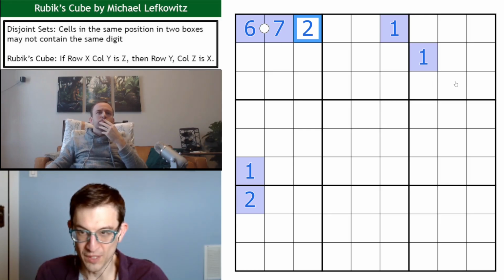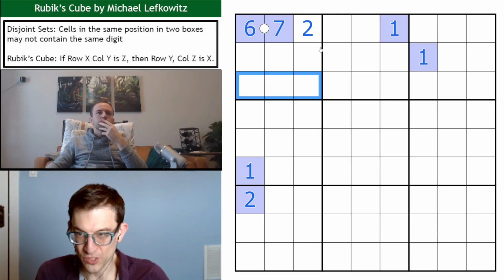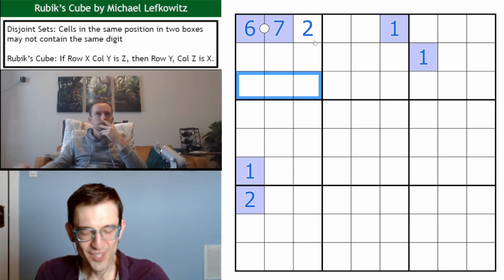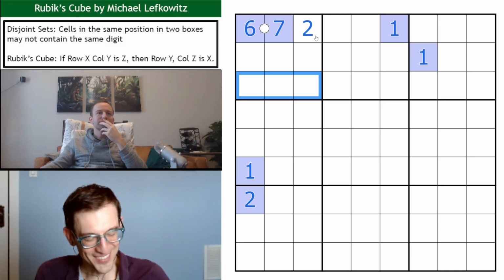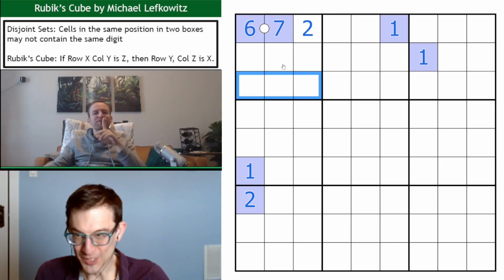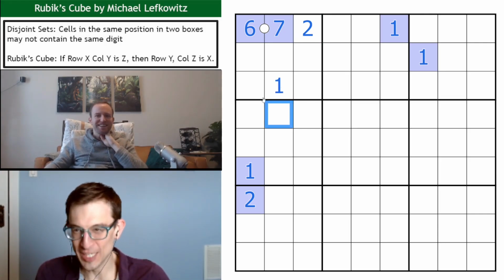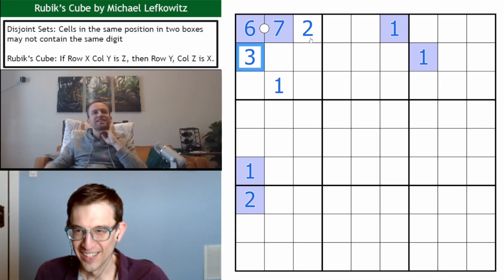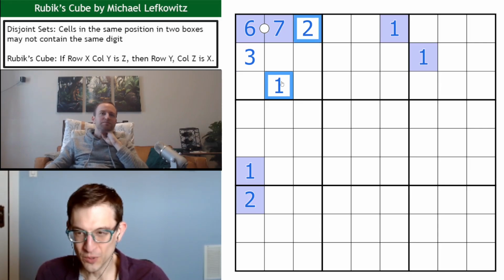So the one's going to be in here, right? 1, 3, 2. Sorry, this is so hard for me. 1, 3, 2 is 3, 2, 1. Okay. Oh, and that's going to tell me which way this goes. Got it. 1, 3, 2, the 1 there, and I should put a 3 somewhere. 1, 3, 2 is 2, 1, 3.